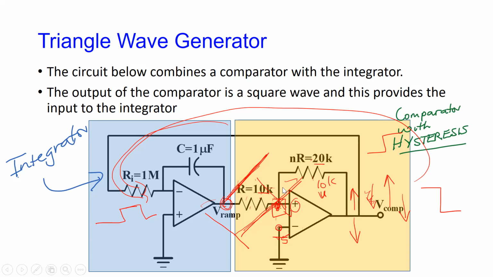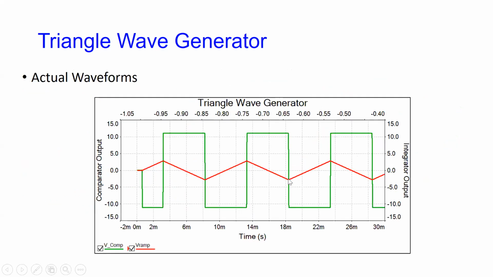Don't overanalyze the circuit. Remember what a comparator does. You have the comparator, I have positive and I have negative. In its raw state as an op-amp, if here is more positive than here, the output is going to go up to saturation.